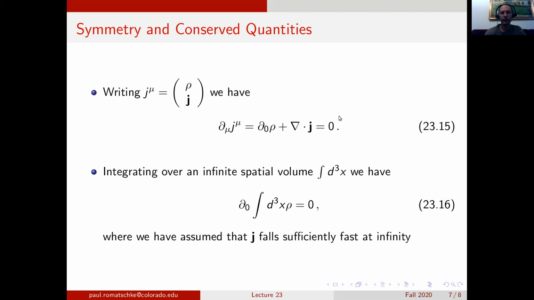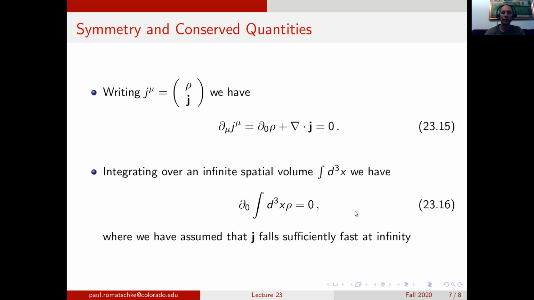If we integrate this result over an infinite spatial volume d3x, we find that we can exchange the time derivative and the integral over space such that we get d0, d3x of rho from this first term here. And the second term here will vanish because, again, it's an integral over all of space of a total divergence of a quantity, and that will vanish by Gauss's law as long as j falls sufficiently fast at infinity.